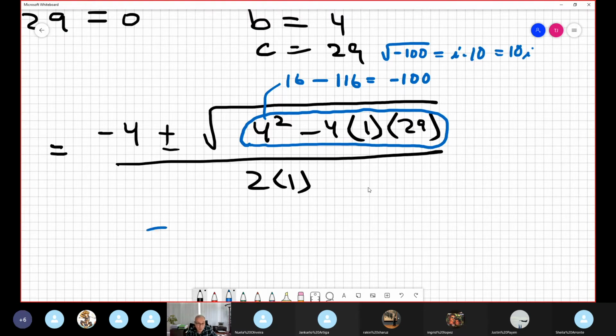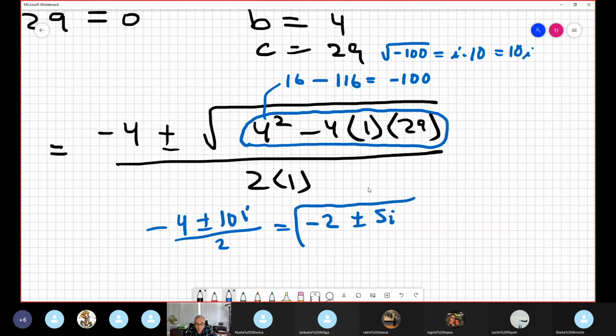So far we have minus 4 plus or minus 10I divided by 2. And you split the common denominator, this is minus 2 plus or minus 5I. Final answer. You see how the solution when it's complex comes as a pair of conjugates. Actually it's minus 2 plus 5I and minus 2 minus 5I.